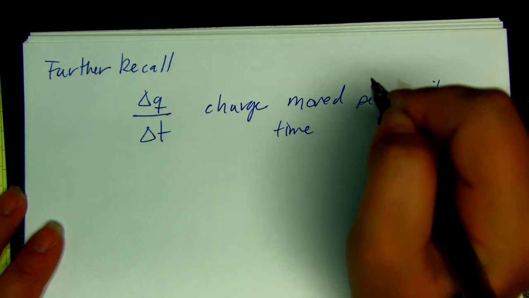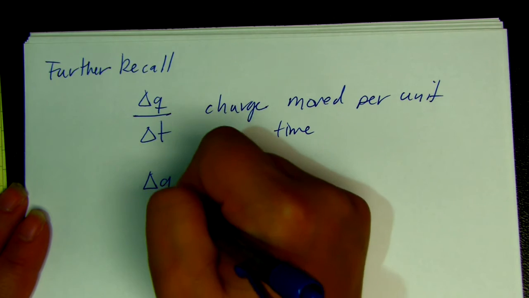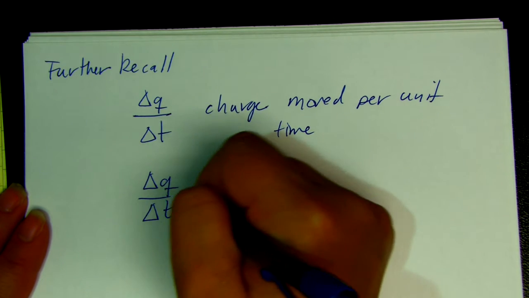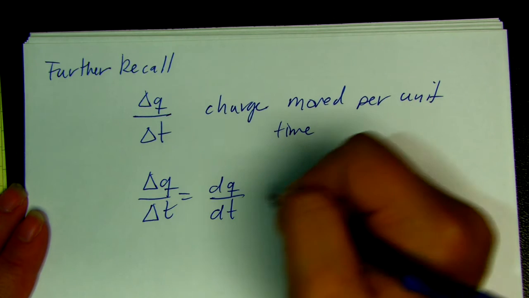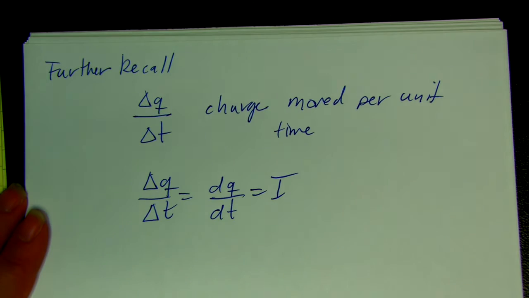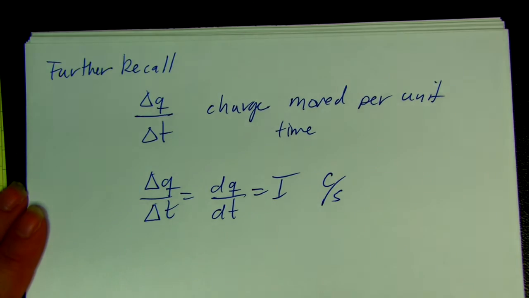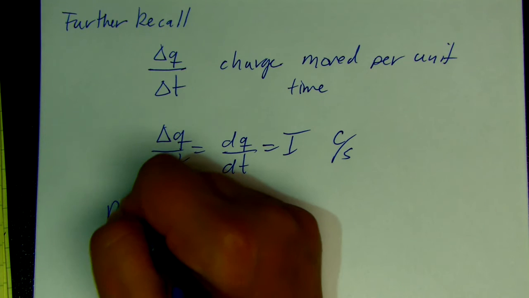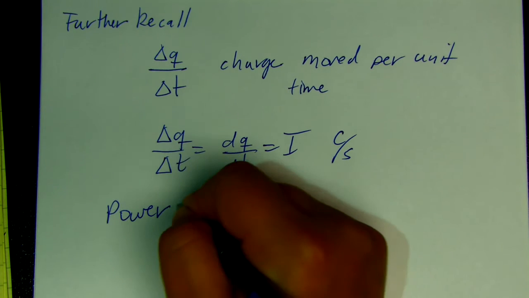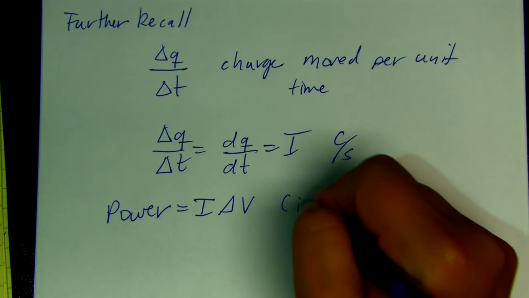But we've seen something that is charge per unit time, and of course delta Q over delta T, which is also just FYI dQ dt, is equal to current, which is coulombs per second. So therefore, power is equal to I delta V in a circuit.